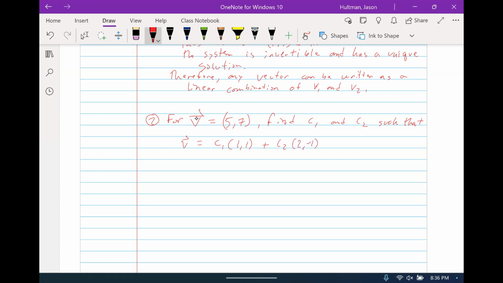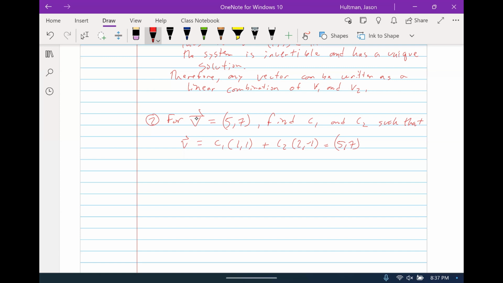Can we find C1, C2 such that we end up getting 5, 7? Okay, so we can. So let's do that. This is going to be equal to 5, 7.